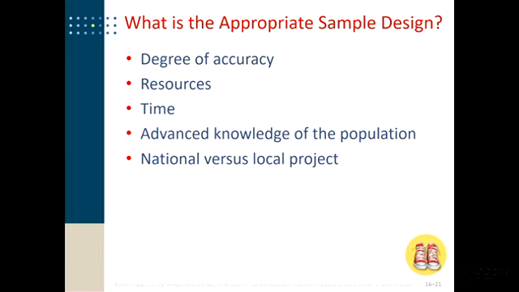Is this point clear or not? Look, what I'm saying is, if you want high degree of accuracy, then you will choose one particular technique. Now you can say, well, who will not want accuracy? Everybody will want accuracy.